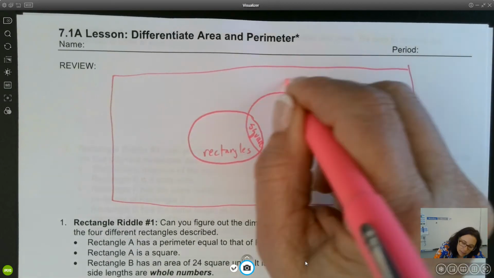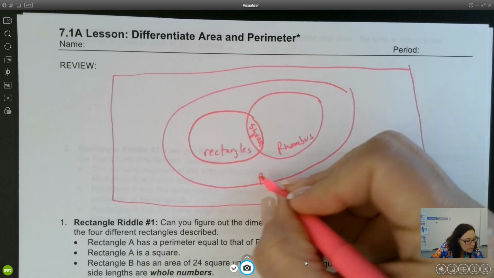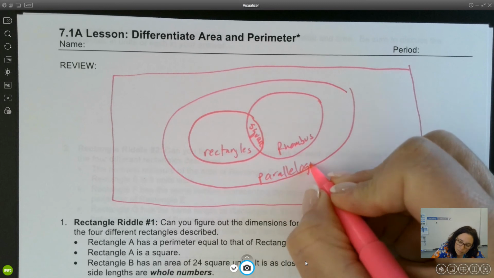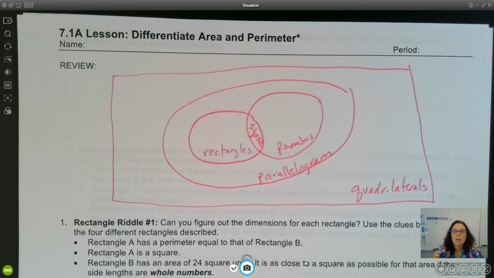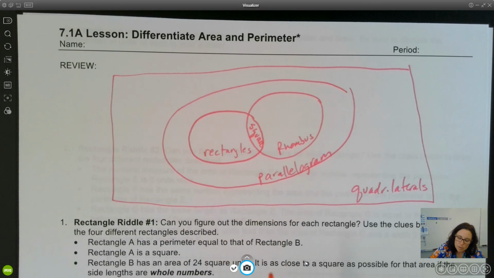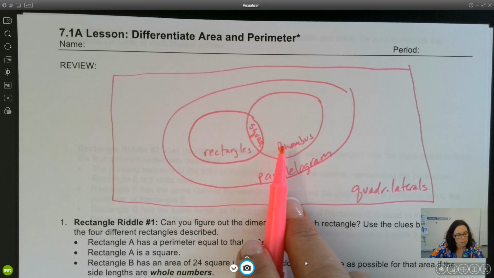And then around here, parallelogram would be the next chunk. So this says that rectangles, squares, and rhombuses are parallelograms always. Sometimes parallelograms are rectangles, sometimes they're squares, sometimes they're rhombuses.